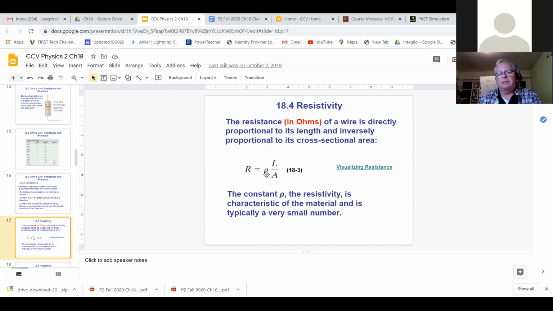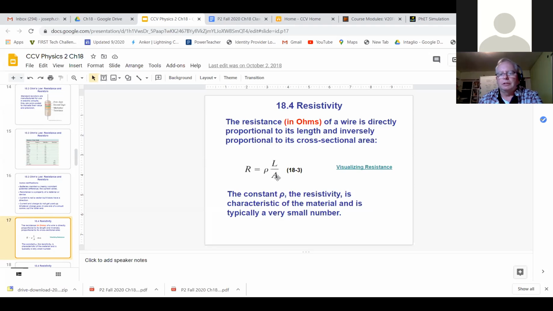So resistivity is right here. It's the Greek letter rho. And then we also have L and A. So L corresponds to the length of some device, and A corresponds to cross-sectional area. So we've all seen that simulation that I introduced you before. And you can imagine a resistor as sort of like a pipe.